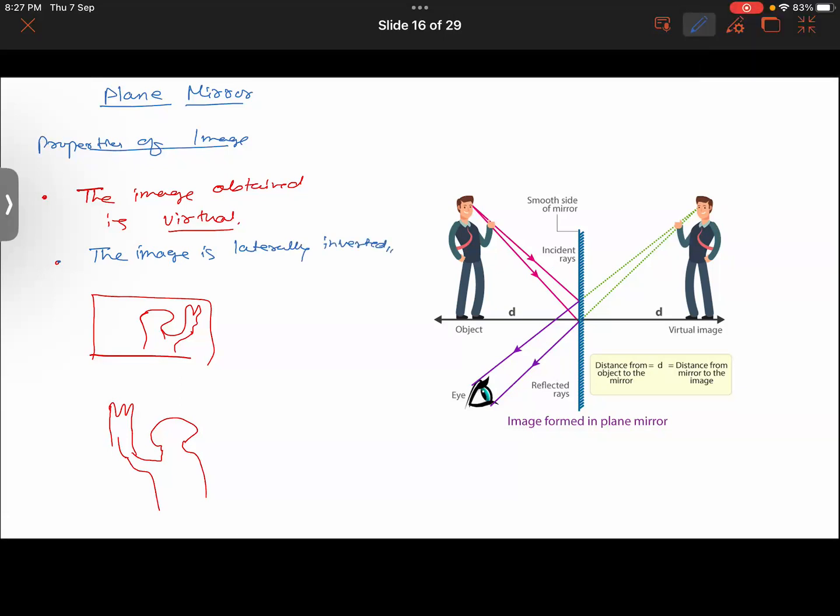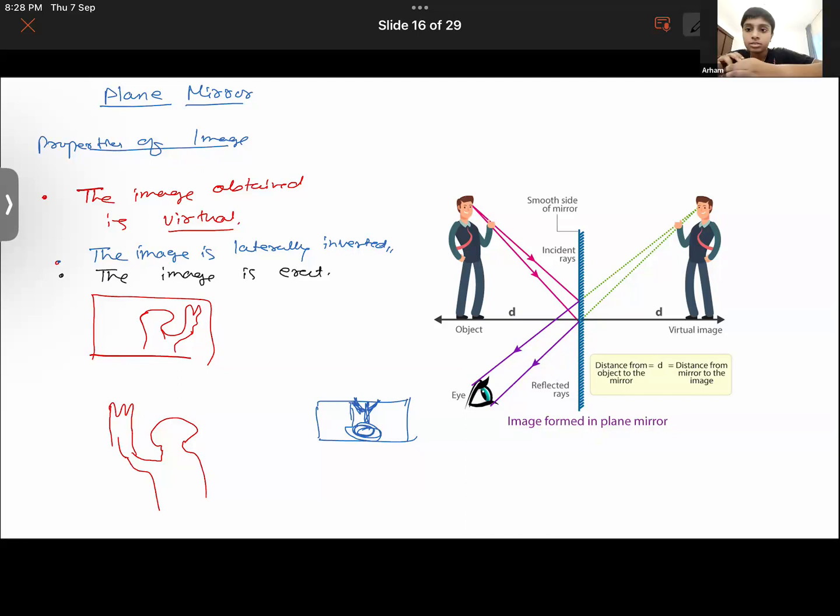It's not upside down, so it's not like your hands are like this and your head is down here. It's sideways inversion of the image, not upward or downward inversion. Is it clear? So the image formed in the plane mirror is laterally inverted. And the most important property is that the image is always erect.